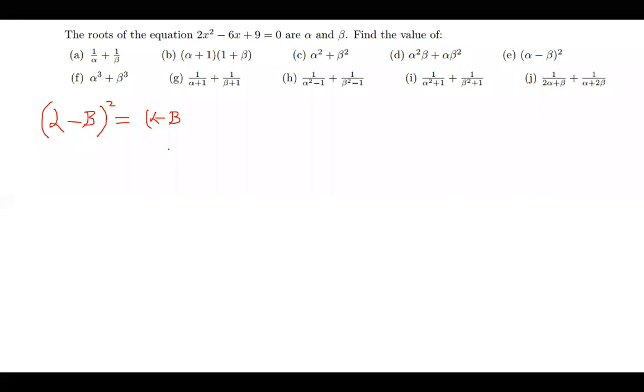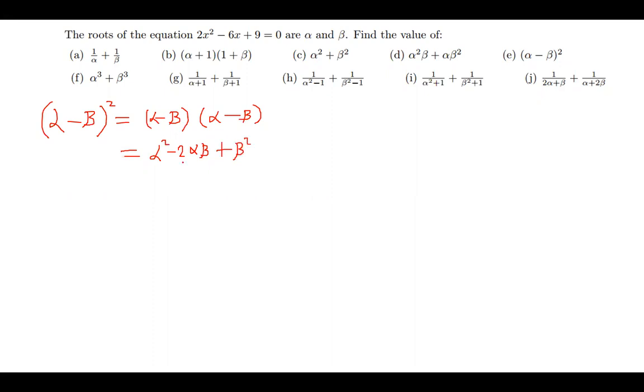Just remaining 10 minutes. Let me just finish simplifying these expressions. Okay, so I'm going to have alpha squared, then minus 2 alpha beta, and then plus beta squared. So this is what we're going to have. What is important here now is just to pair what is known together.